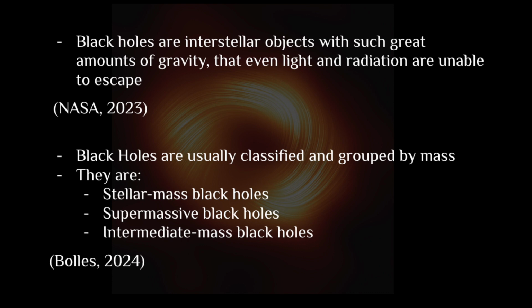This supermassive black hole is nearly 4 million times more massive than the sun, which is equal to 4 million solar masses. Intermediate black holes, as the name suggests, occupy the category of mass between stellar mass and supermassive black holes. No matter how small or how big, black holes are still capable of growing. However, this presentation will focus primarily on stellar mass black holes.